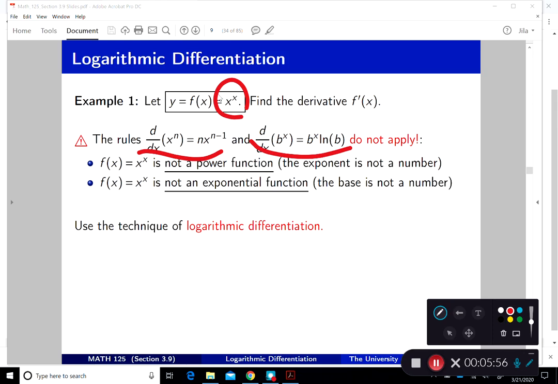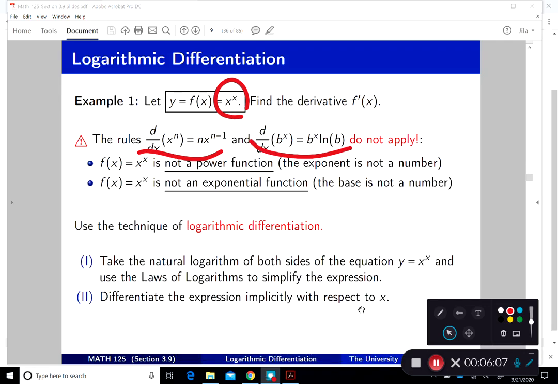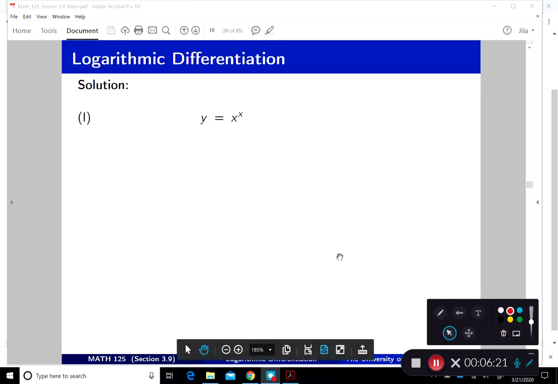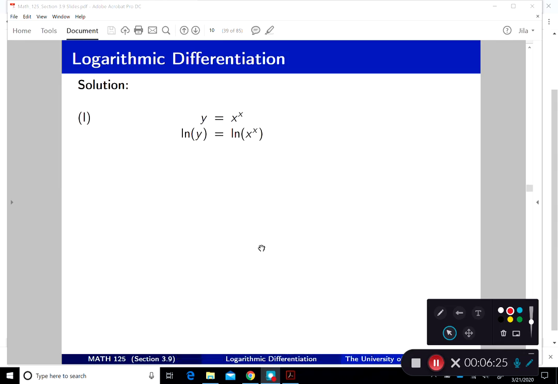So neither of those were working. Then the other things to notice are the steps that we followed. We took the natural log of both sides and we simplified. We differentiated the expression implicitly with respect to x. Then we solved for dy dx. And part of that solving was replacing the values that we wanted to replace.